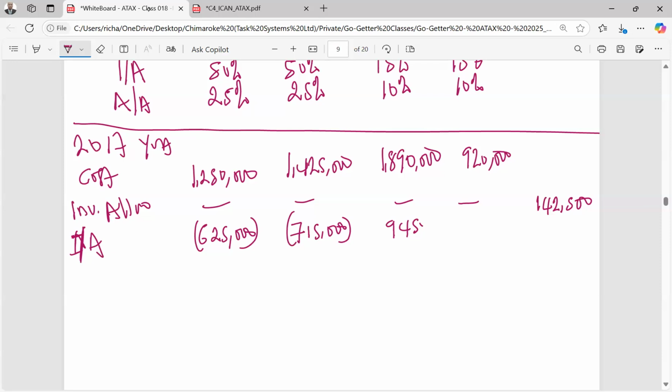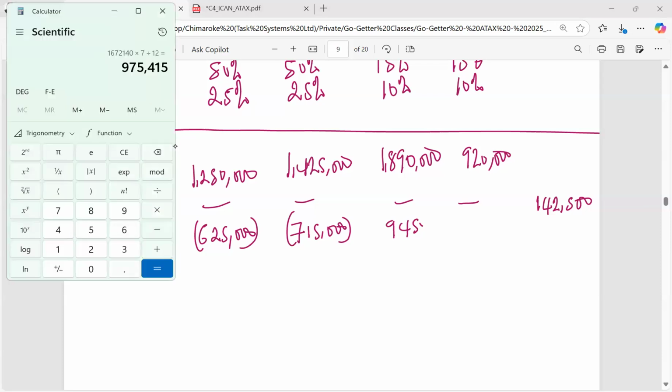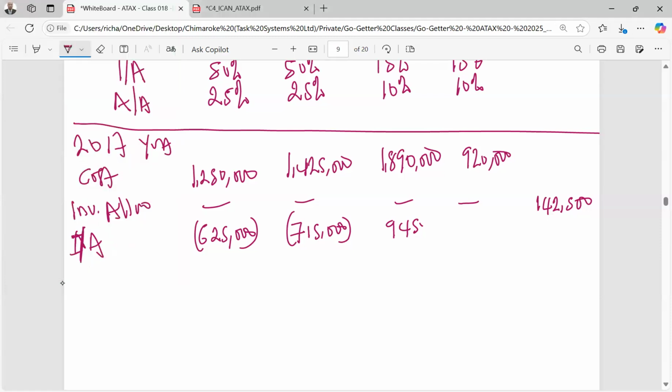Let's verify these other ones first. 715 is not correct. We are checking them now. 0.5 times 1,250 is 625. All right. 0.5 times 1,425 is 712,500. Yeah. 712,500.